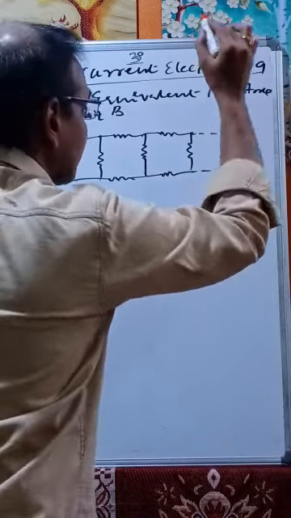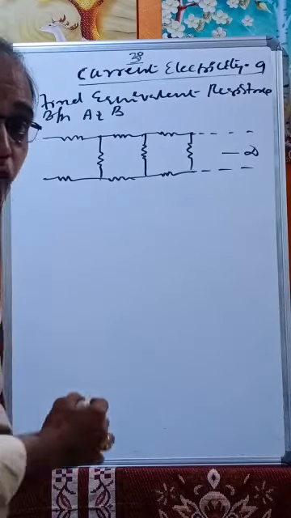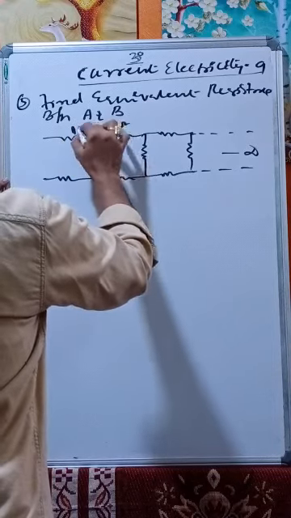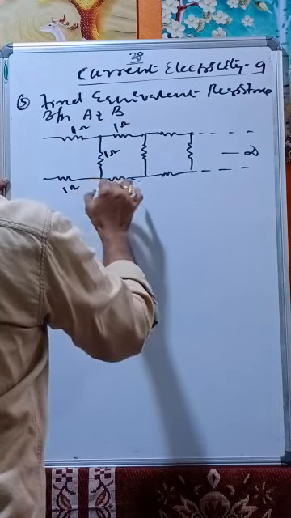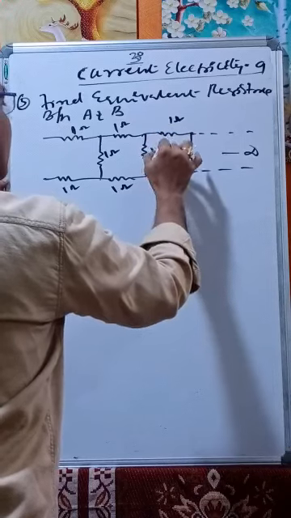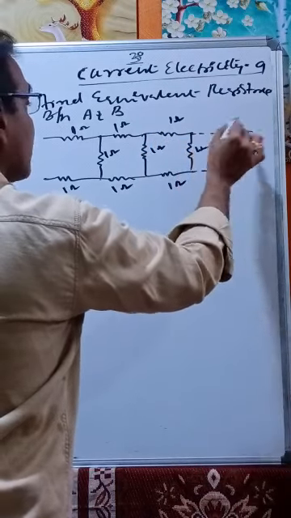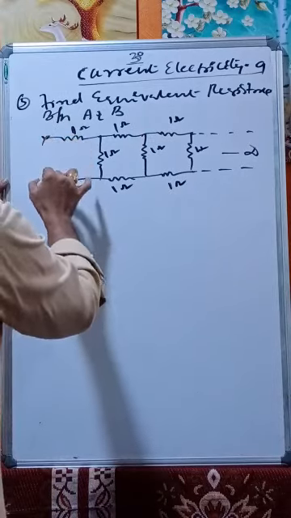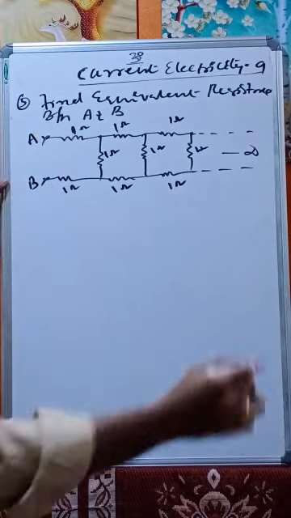This goes up to infinity, each of value 1 ohm, 1 ohm, 1 ohm, and so on and so forth. How to find this? This is A and B.